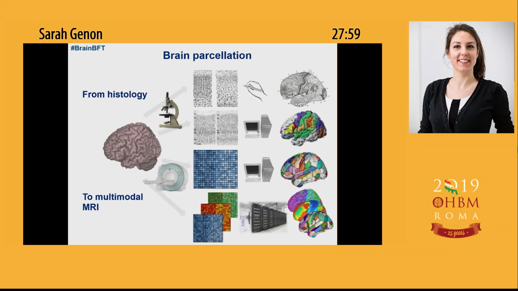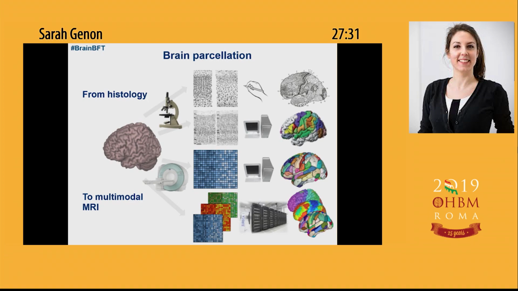However, the biggest avenue of progress came with the development of the neuroimaging scanner in brain parcellation. With a brain scanner, we had the opportunity to acquire a whole brain image in a few seconds. It means that we can look not only at local properties of the tissues, but also at connectivity properties, so how brain regions interact together.